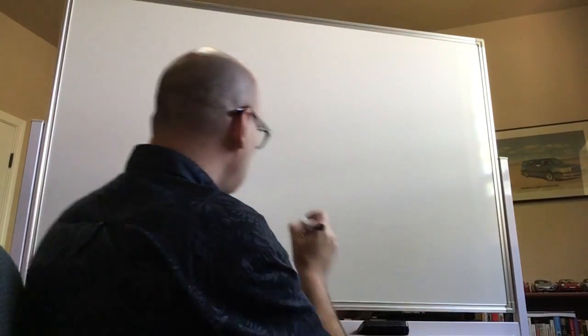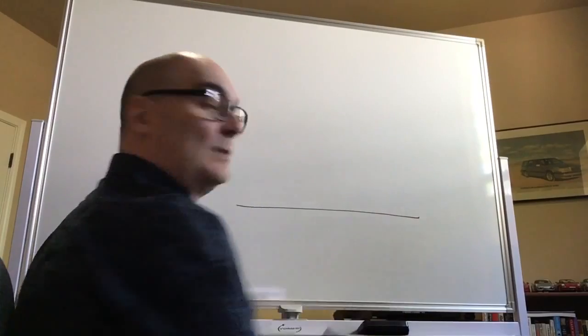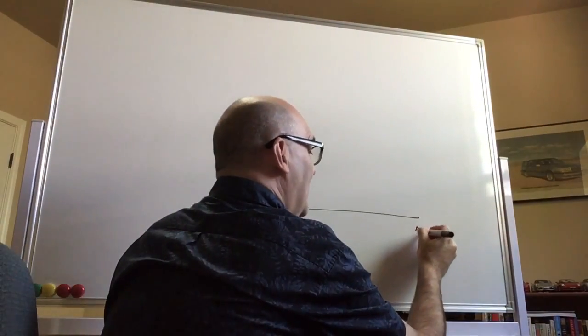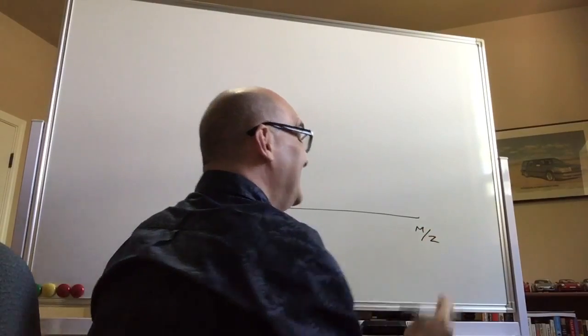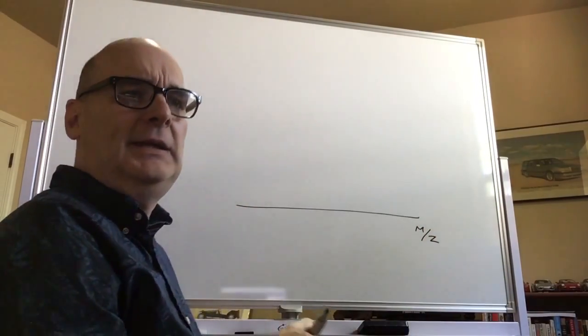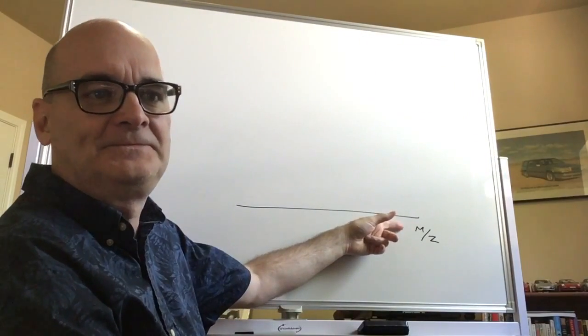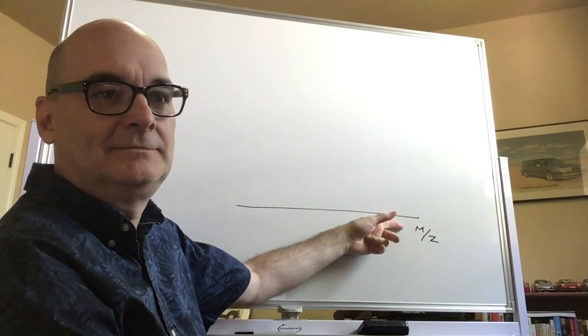Okay, let's just do a quick recap of what we have. So I have a baseline, and I measure M over Z. And, okay, so M, we know what M is. What's M? The mass. Yeah, mass.